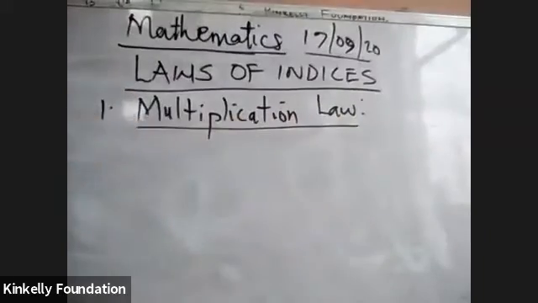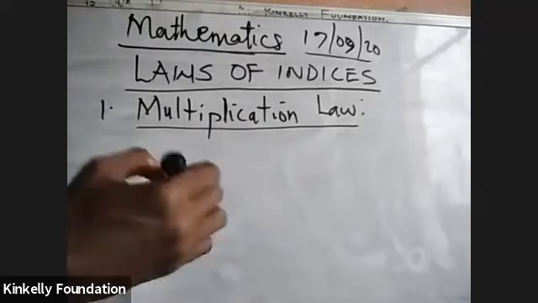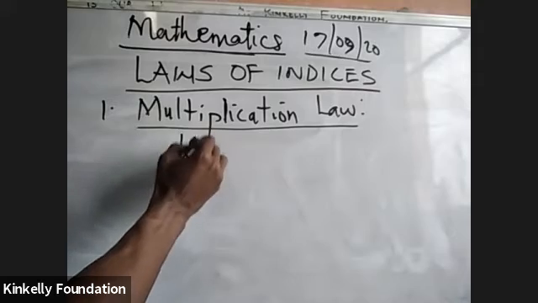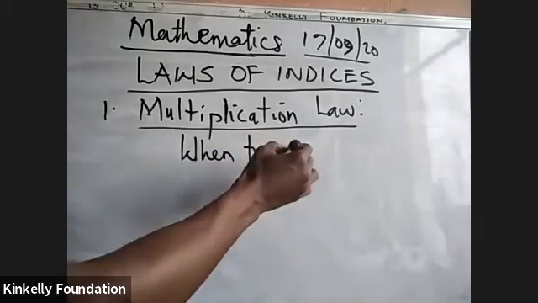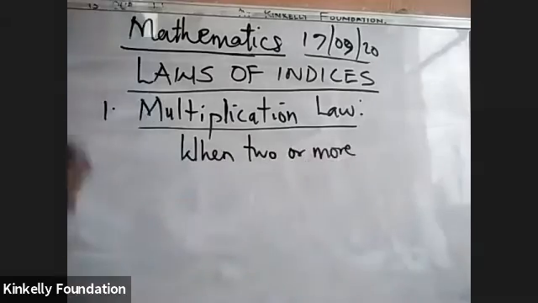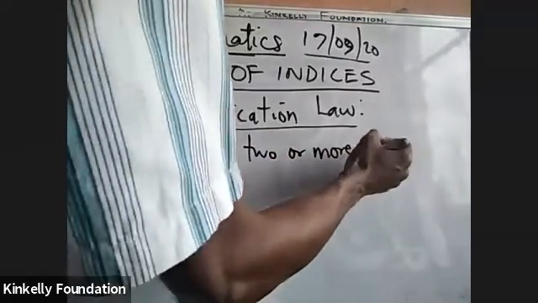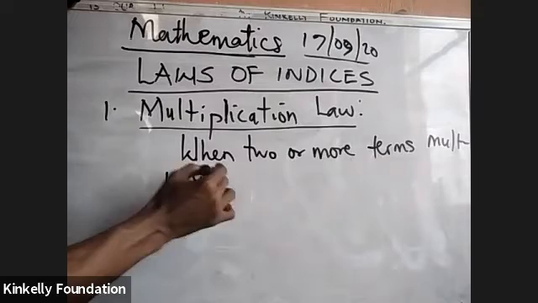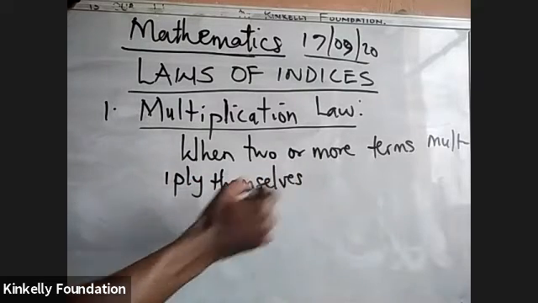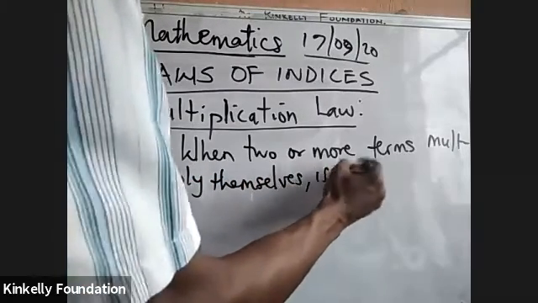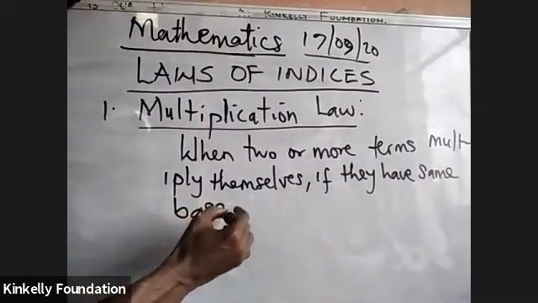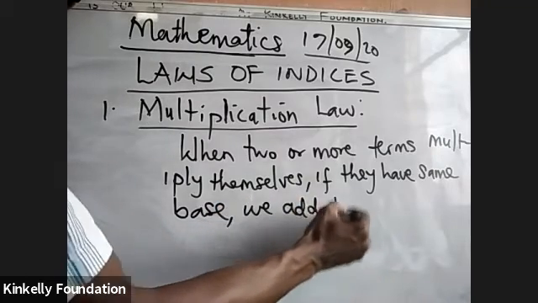In this multiplication law, it states that when two or more terms multiply themselves, if they have the same base, we add their powers.